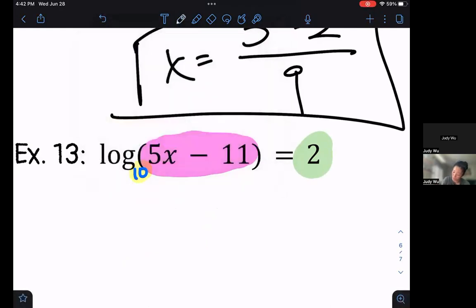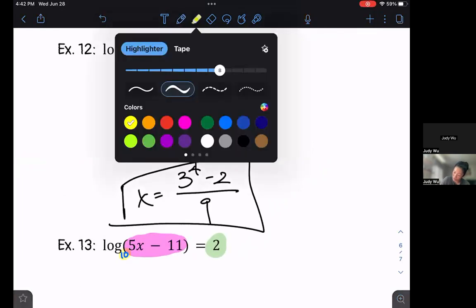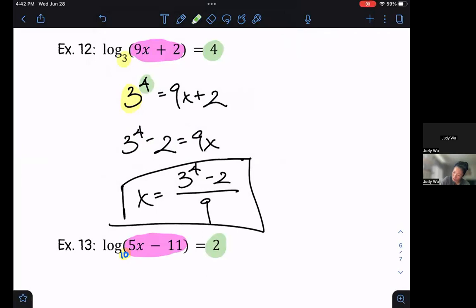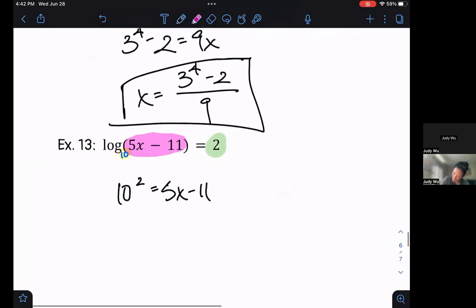So let's rewrite it now in our form: base to a power equals the thing we want. So 10 to the 2 equals 5x minus 11. 5x minus 11, power of 2, base of 10.